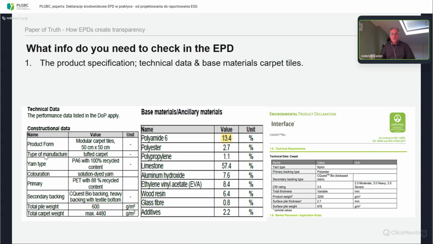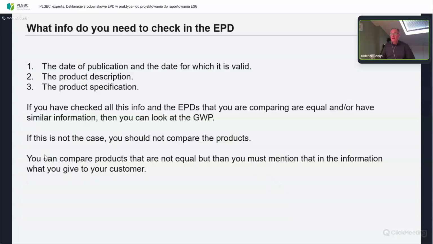It's made of PA6 with other raw materials like polyester, polypropylene, limestone, wood resin, glass fiber, and other additives. And this is for people who really want to do a deep dive within an EPD. So look at the publication date, whether it's still valid, the product description and the product specifications.